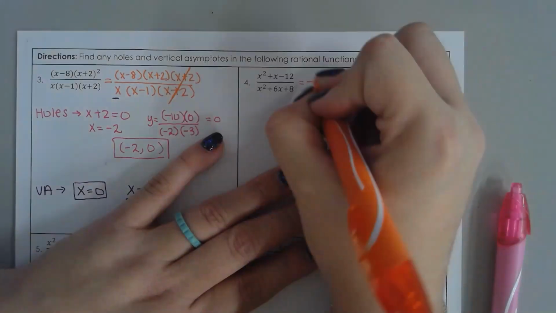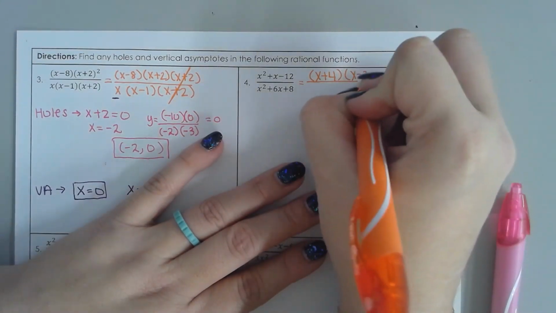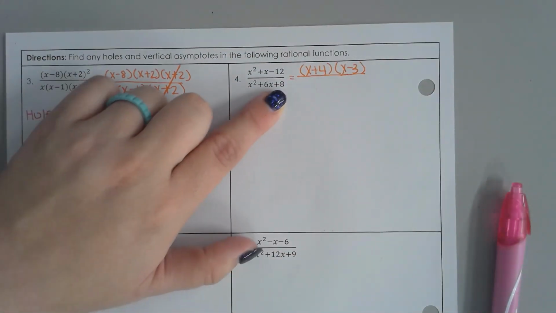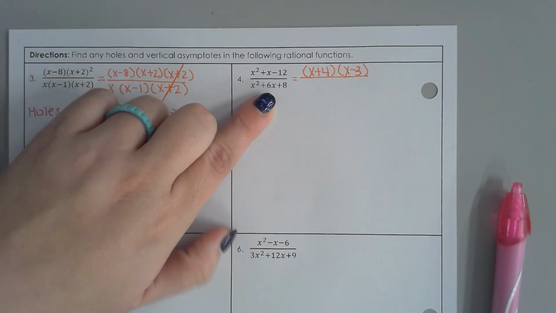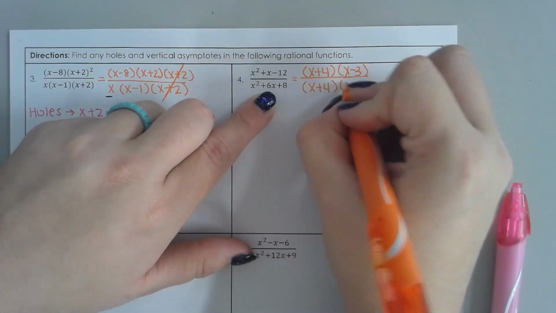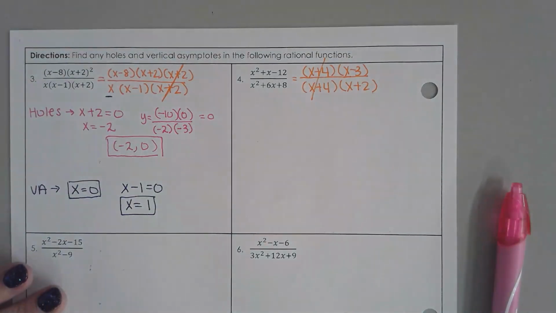Yes. X plus 4, x minus 3. And then two numbers that multiply to be 8 and add to be 6. 4 and 2. X plus 4, x plus 2. So my x plus 4s cancel.